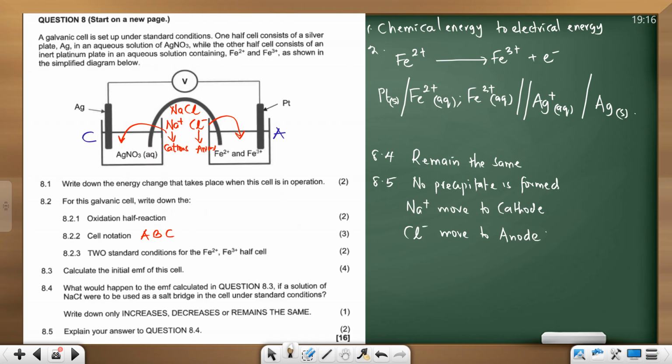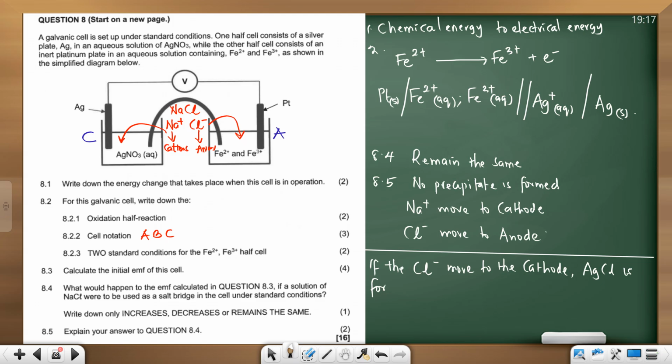Can we just tweak it? Let's tweak it quickly. If the Cl ions move to the what? Cathode, AgCl is formed. Now, that is the cathode.